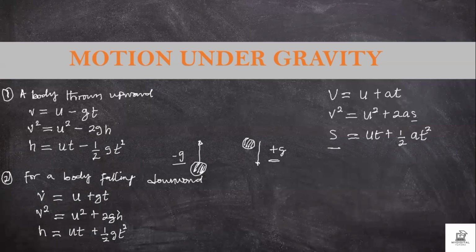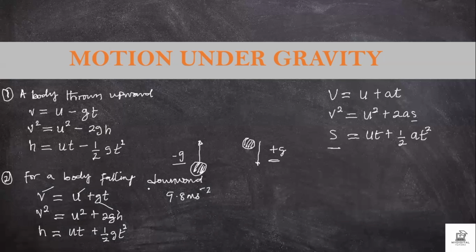V is the final velocity, U is the initial velocity, G is the acceleration due to gravity, which is constant, 9.8 meters per second squared, T is the time, H is the height in meters, and the usual unit applies to each of the parameters.